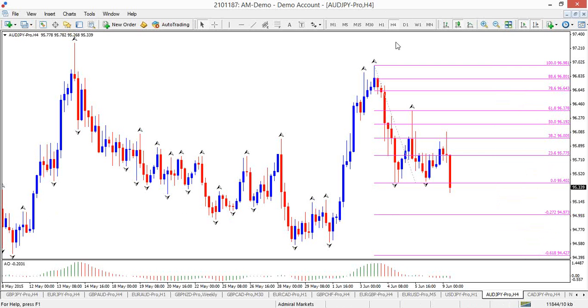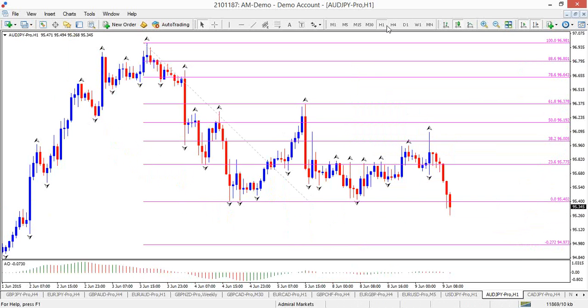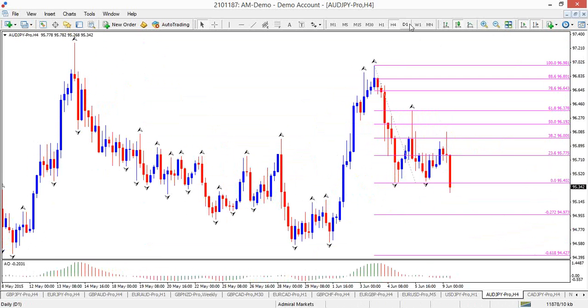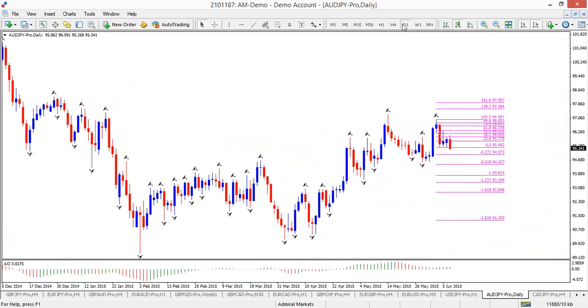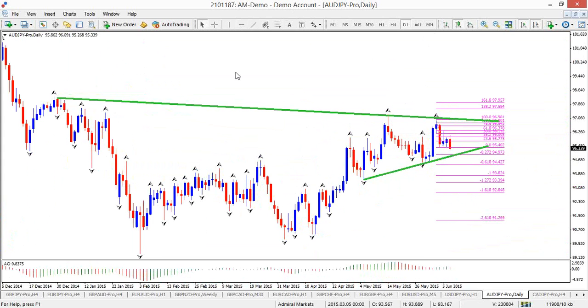I see your point. Trendline point of view, there's this. That's an important resistance line.